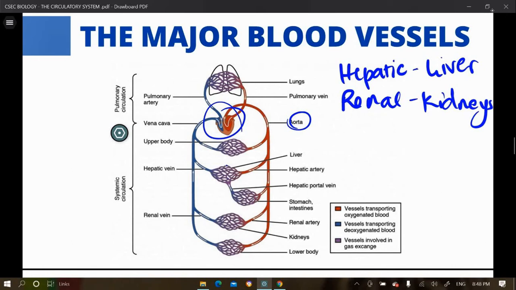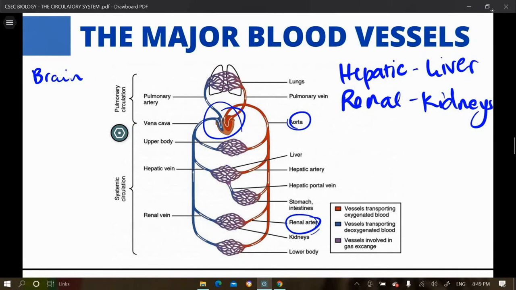All right? Now, as I said, renal refers to the kidneys, and the renal artery will bring oxygenated blood to the kidneys, and the renal veins will take deoxygenated blood from the kidneys. Now, you're supposed to know which artery and vein bring blood from the heart to the brain, and from the brain back to the heart.